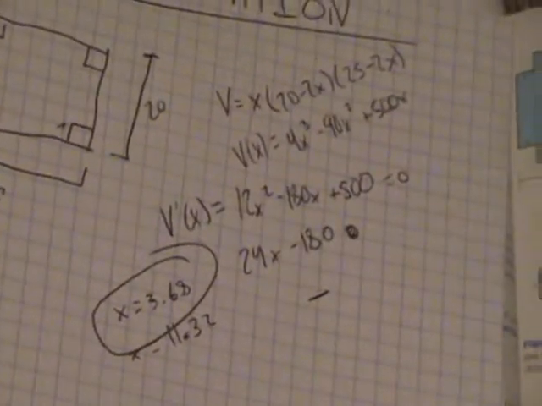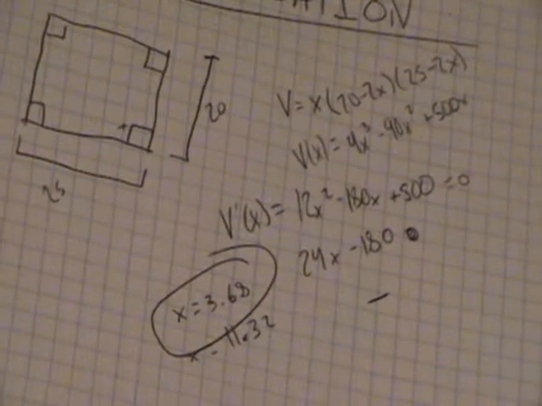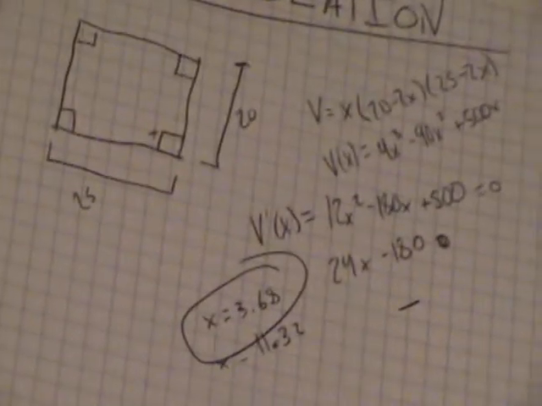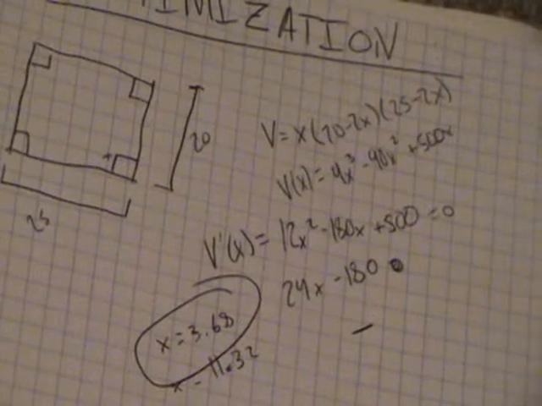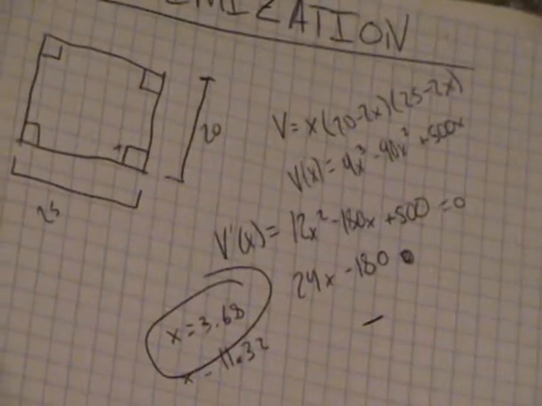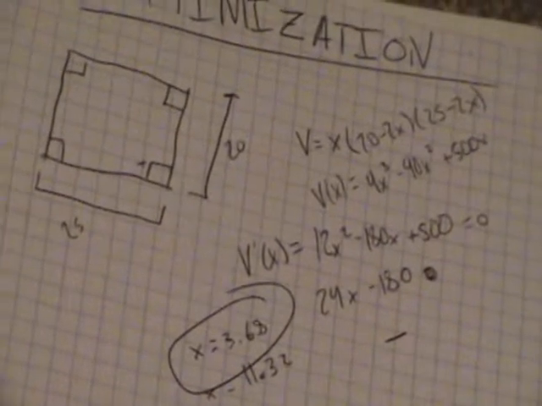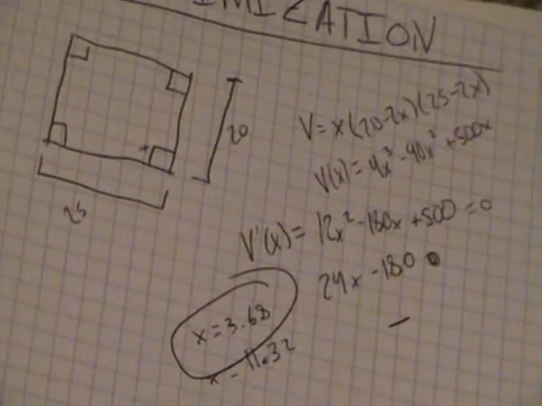I'm not saying that it doesn't matter; you should try to figure out what the exact number is. I'm doing this for time's sake. But it's going to be a negative number, which means it's concave down, which means that it is a maximum. So now you know that the cutout square should be about 3.68 inches on a side to give the maximum volume.